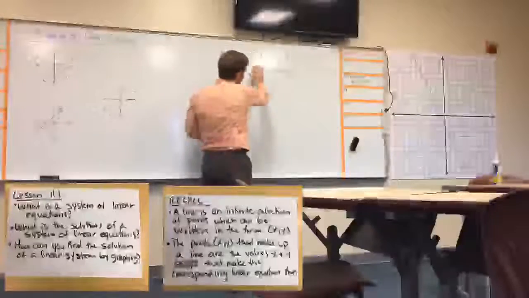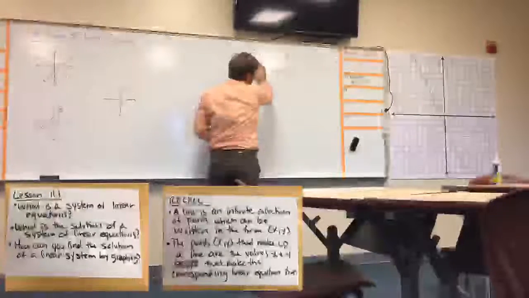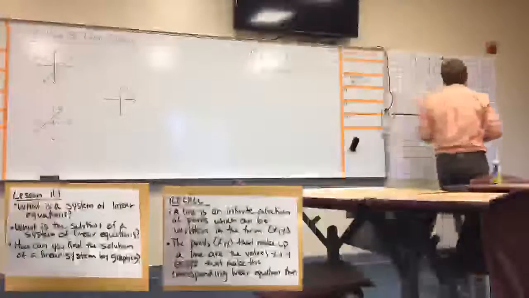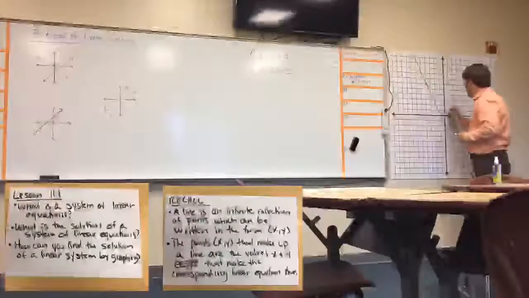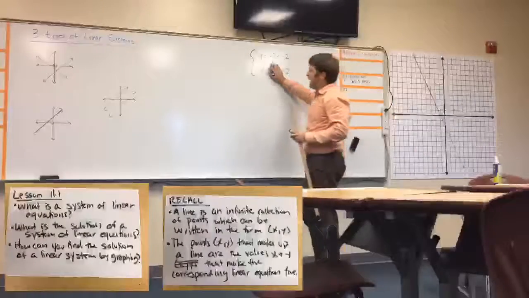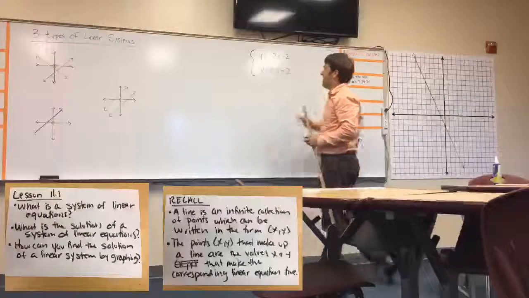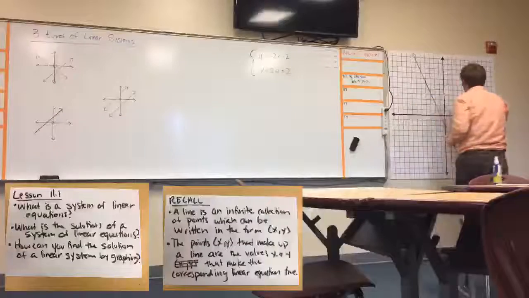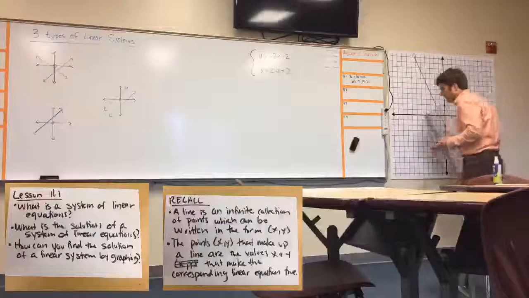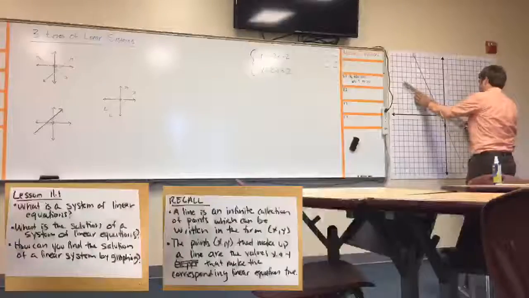When x is 0, y is 1, so I have a y-intercept of 1. When y is 0, x is 2, so I have an x-intercept of 2. Now I will connect those 2 points to graph my blue line.